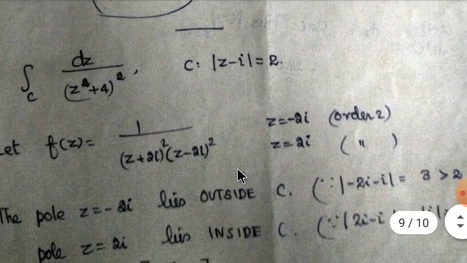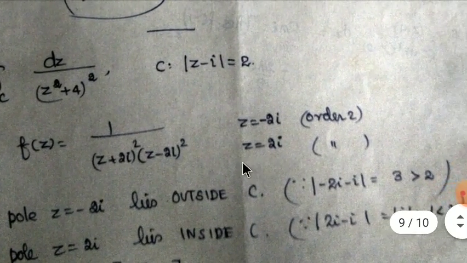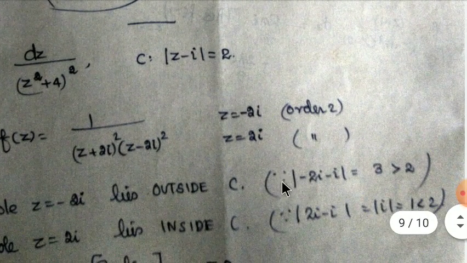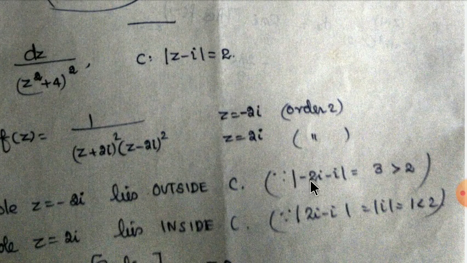Now check whether this lies inside or outside. See how to check. The given c is mod z minus i is equal to 2. Now substitute minus 2i in the place of z. So mod of minus 2i minus i is mod of minus 3i. Otherwise it is 3, isn't it? Minus 3 whole squared under the root, so the root and square get cancelled. So 3 is the answer. It is greater than the radius value, so this lies outside.